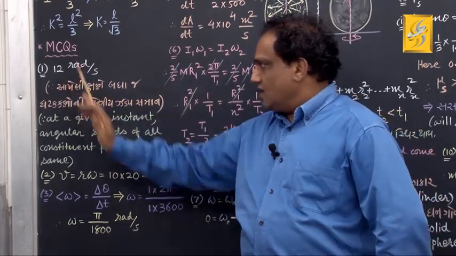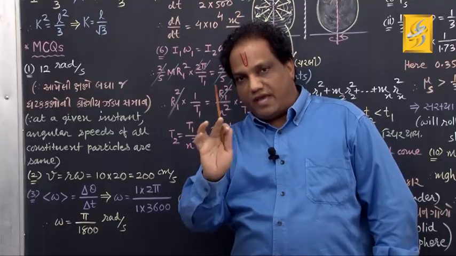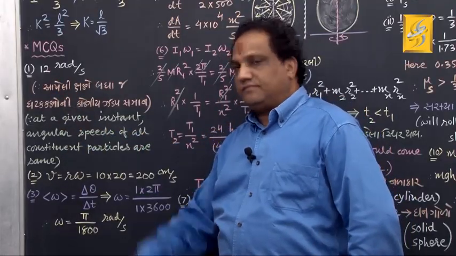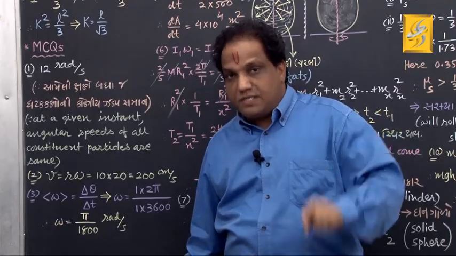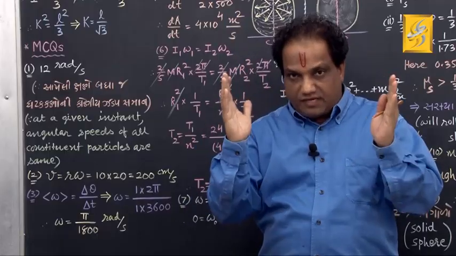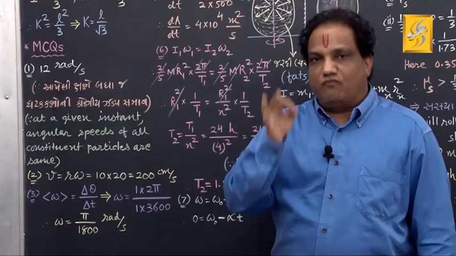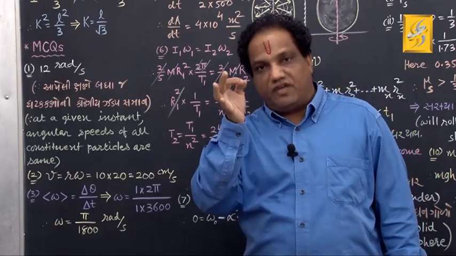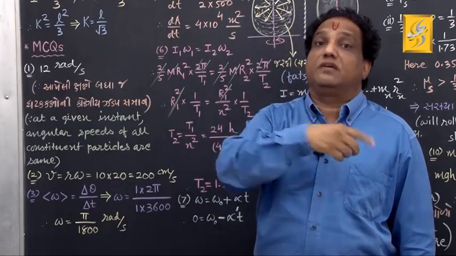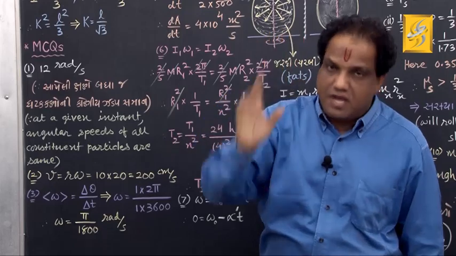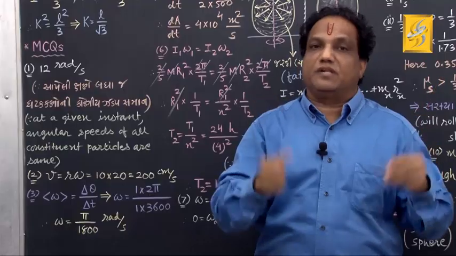Look, for one particle of a rigid body, they have given angular speed 12 radian per second. And now they have asked the angular speed of another particle at the same moment. Then remember, whenever any rigid body performs rotational motion about a stationary axis of rotation, whatever is the angular velocity of any one particle, the same is the angular velocity of any other constituent particle in that body. I mean to say, at a given instant of time, angular speeds of all the constituent particles are same.